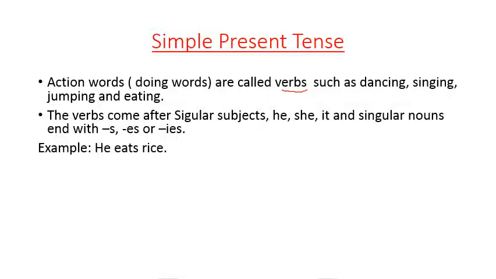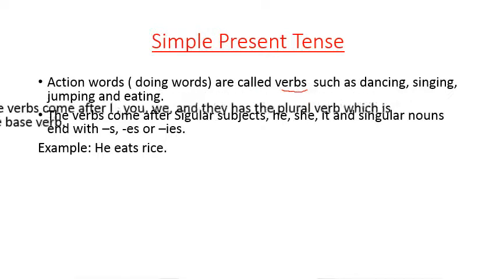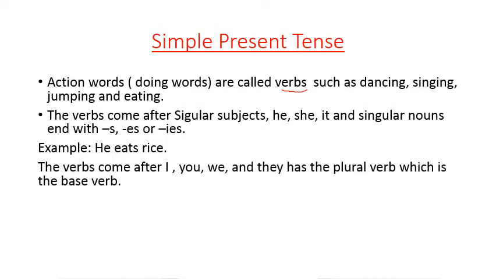Okay, we have learned singular subjects and plural subjects, so you all may remember them. Otherwise, go through the lessons we have done earlier. And the verbs that come after I, you, we and they have the plural verb. What is the plural verb?